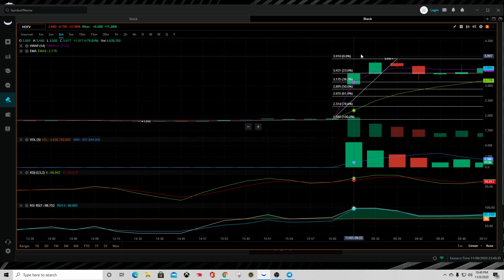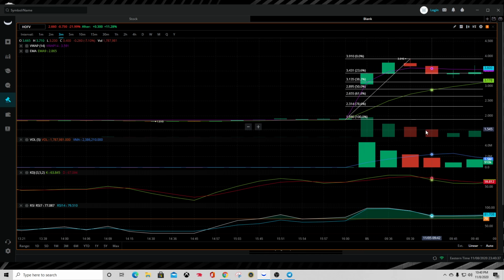So yeah, at the time when I entered in this area, we had a 38.2 fib around the $3.13, $3.14 area, and you had the trendline around the $3 area. So I got long at $3.45, and I was risking right around the $3 area.